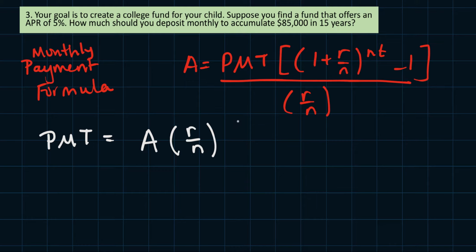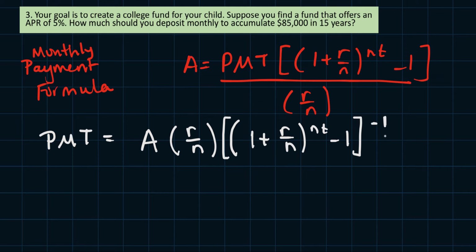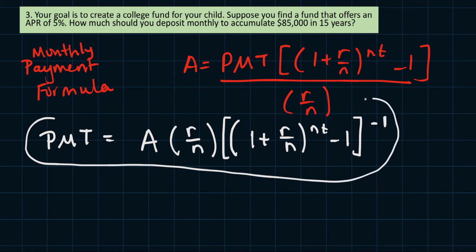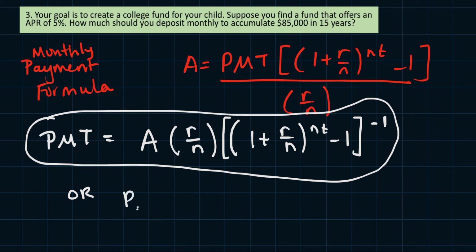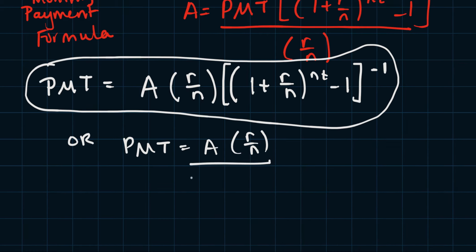I think the easiest thing to do is to say 1 plus R over N to the NT minus 1, to the negative 1. So you can use this formula, or payment is A times R over N divided by 1 plus R over N to the NT minus 1.